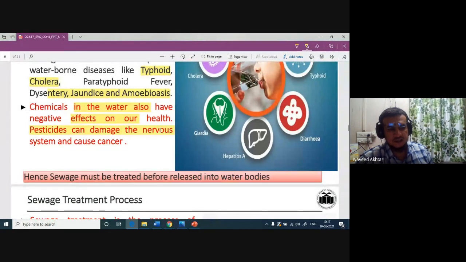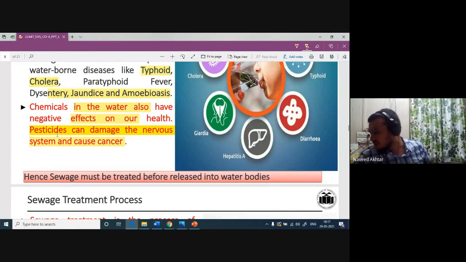Pesticides can damage the nervous system and also cause cancer. So it is very dangerous if we take this contaminated water for drinking, as it will be harmful for our human bodies and organs, and will have an adverse effect on our health.